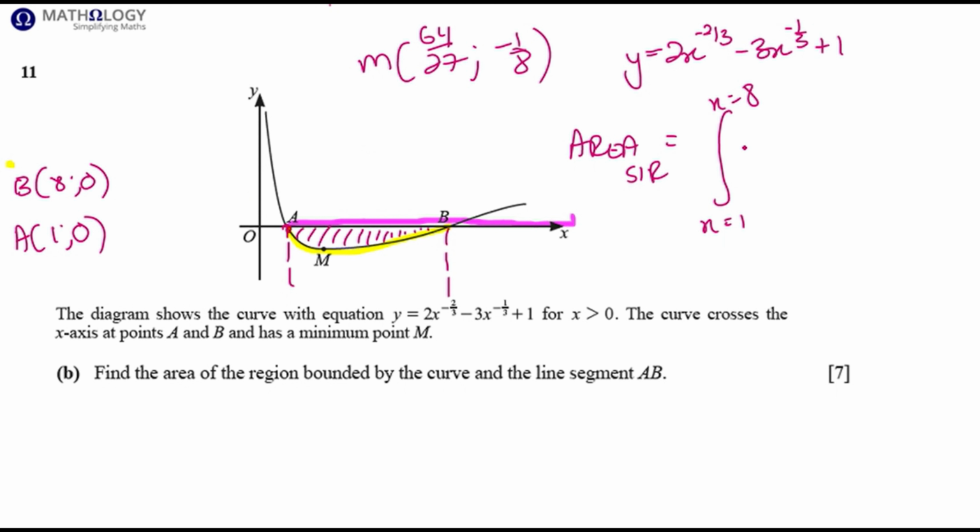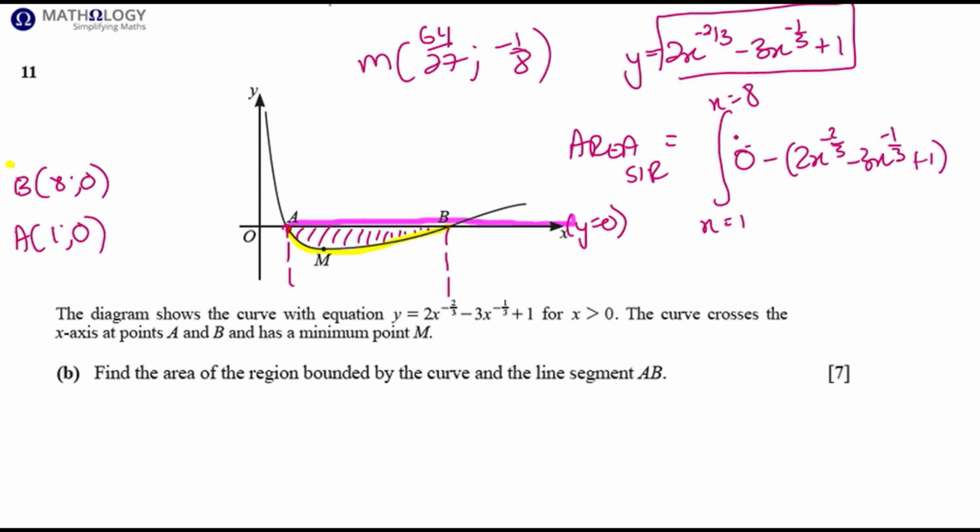So we will have the y values, y equals 0, less the y values for the function, which is this expression over here. So it'll be 0 minus 2x to the minus 2/3 minus 3x to the minus a third plus 1, and we integrate this with respect to x.